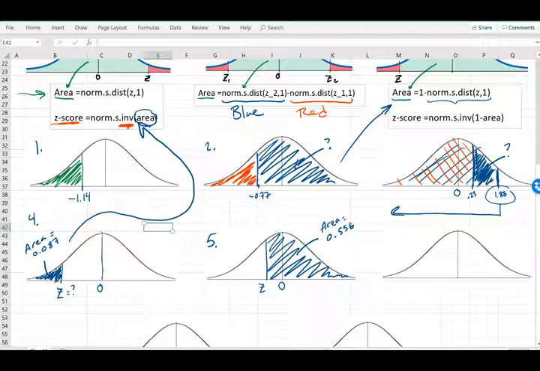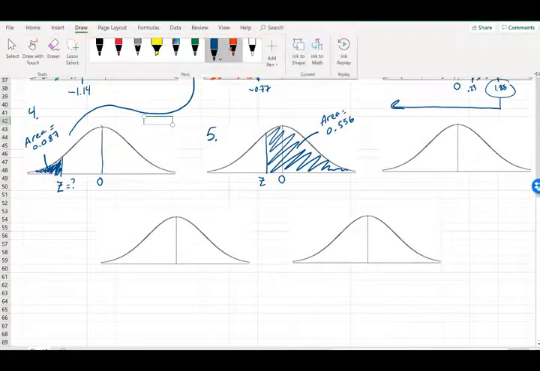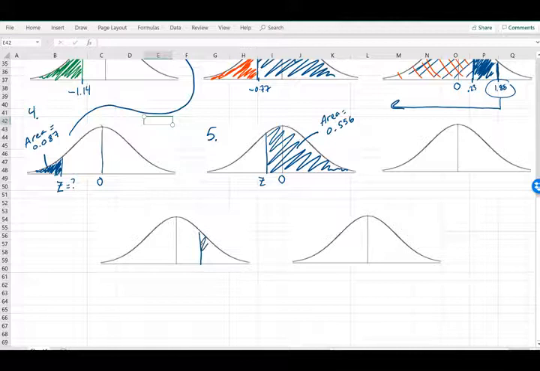Excel can only work with area to the left. So let me give a quick example with maybe easier numbers to work with. Let's say we're given that the area to the right is 0.3. Well, we could easily determine the area to the left. It's the rest. The whole graph has an area of 1.